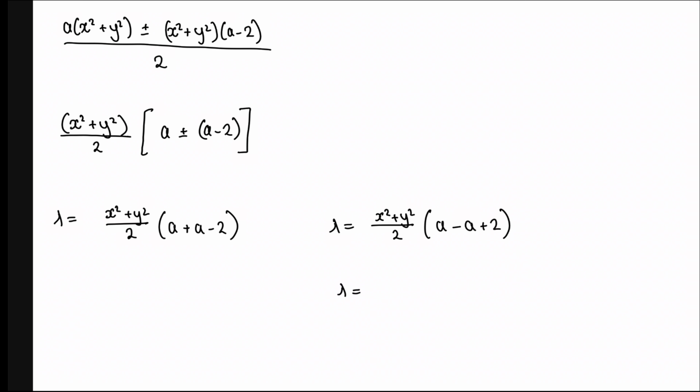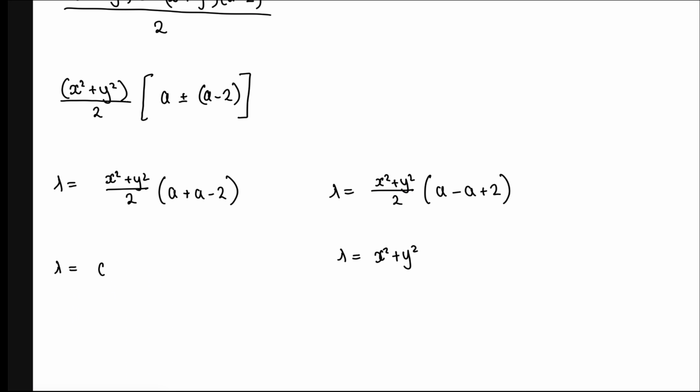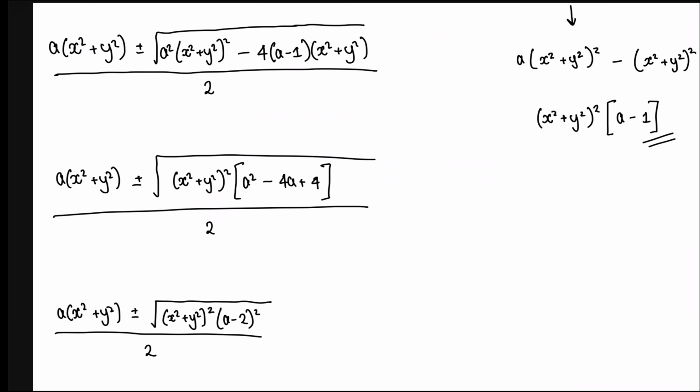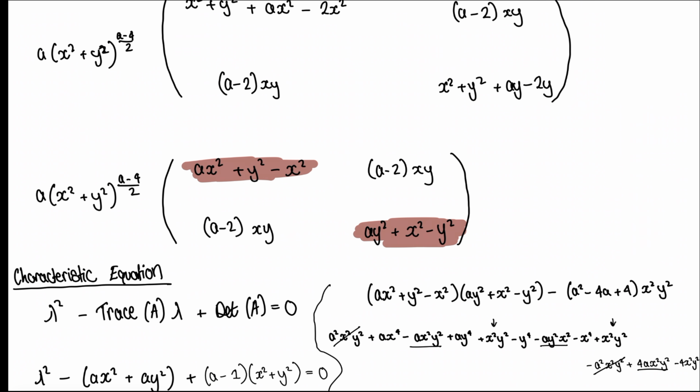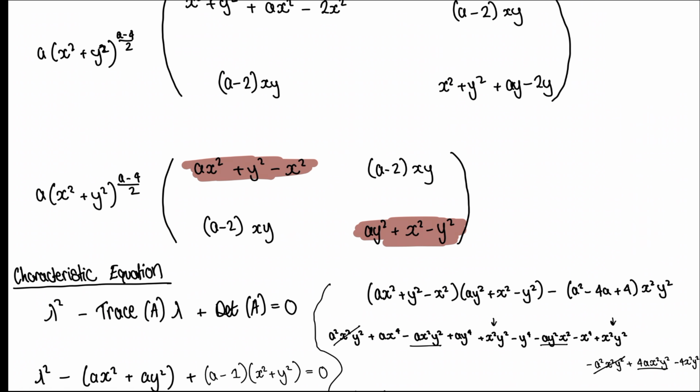So this eigenvalue just becomes x squared plus y squared, and this eigenvalue becomes (a minus 1)(x squared plus y squared), as this is 2a minus 2, and if we divide it by this 2, we're just left with a minus 1. This isn't quite our eigenvalues for this matrix, as we still need to times it by this, because we've taken this out of the matrix.